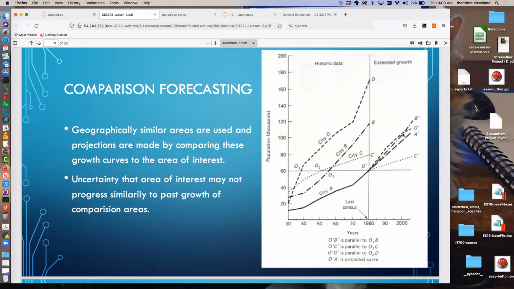If it grows like D, that population. And you would probably use an average of the three, because when in doubt, guess. And we would postulate that A is going to be somewhere at this point in the year 2000. Then you can use that piece of information. You now have an estimate of population 20 years out, at least according to this chart.